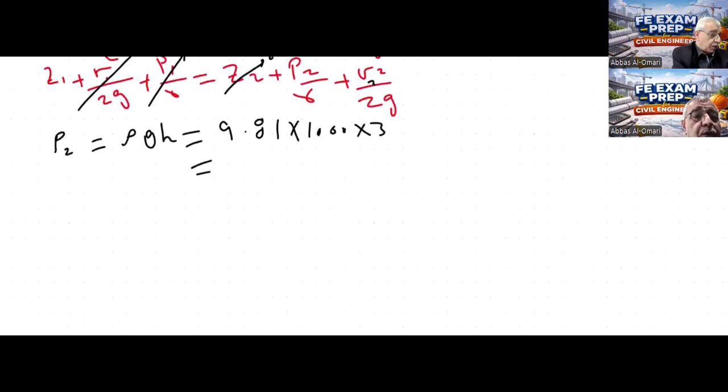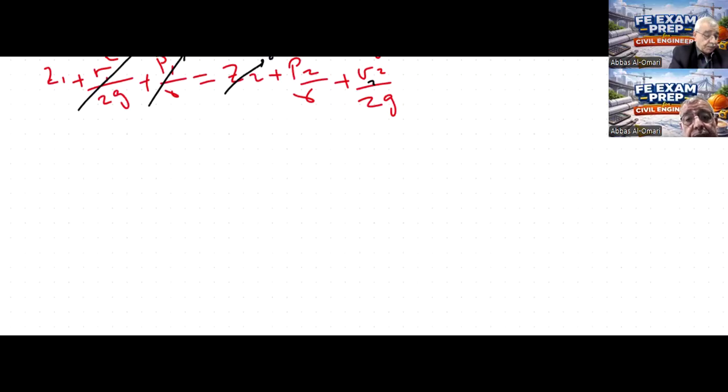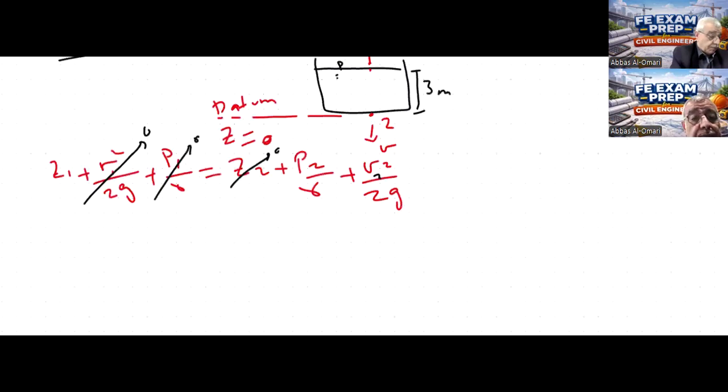Now, P2 is 0 because the water exits to the atmosphere, so this is 0.